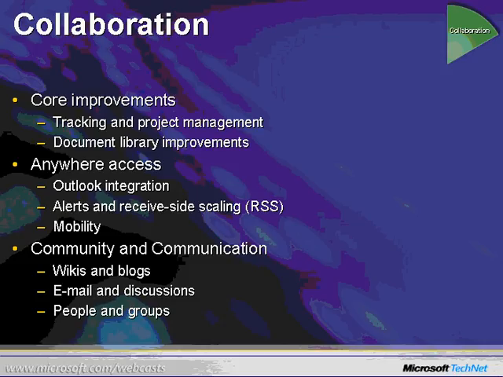The second pivot is anywhere access. We've done a lot of work in allowing people to access the content in many easy ways. Some of the things I want to talk about is our Outlook 2007 integration. With Outlook 2007, you can take document libraries offline, and we have two-way synchronization with contacts, tasks, and calendars.